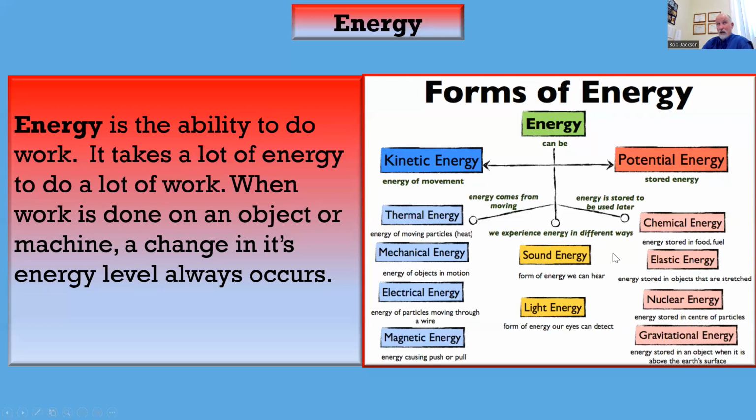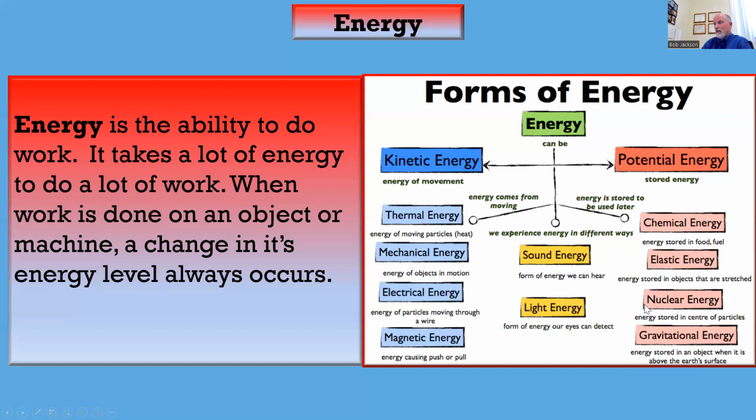These are each stored energy forms or potential energy forms. Chemical energy, like a battery. A battery is chemical energy where you have energy stored in that battery. That's why we use a battery to get electricity out of it. You have elastic energy, like winding up a rubber band or wind-up toys to make them go. Then you have nuclear and gravitational energy. These we deal with very little from day to day.